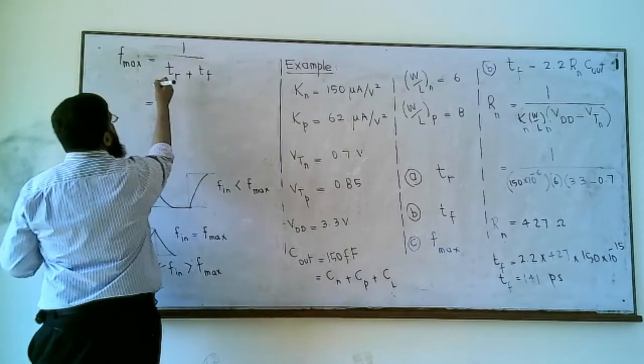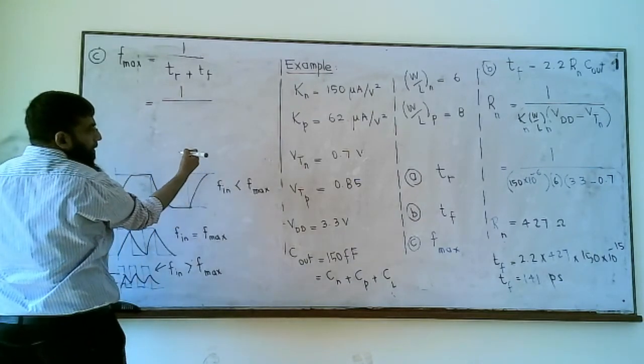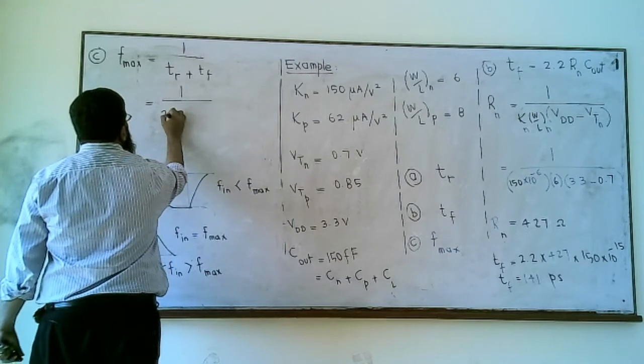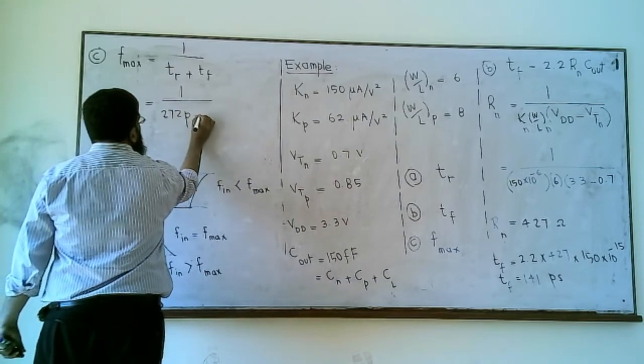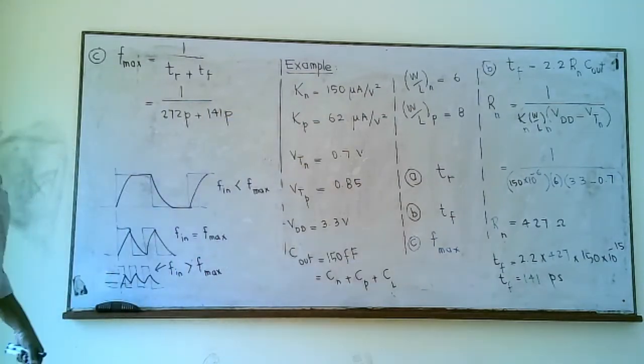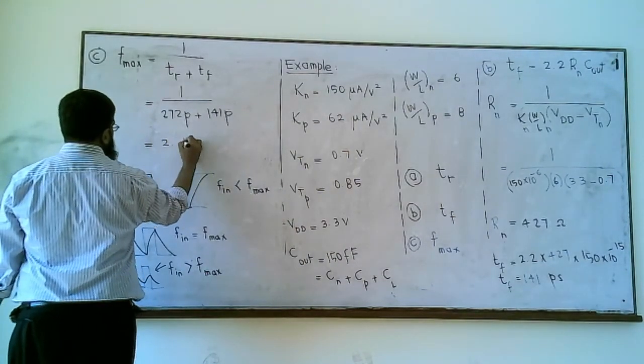So part C can be solved like 1 over TR was 272 pico plus TF is 141 pico. TR is 272, TF 141. So it comes out to be 2.42 gigahertz.